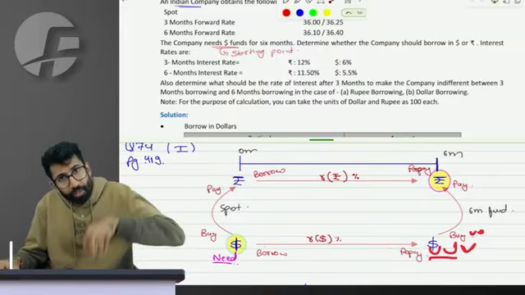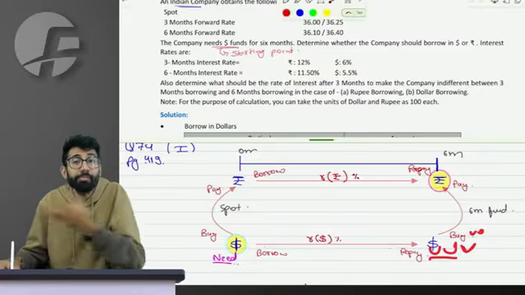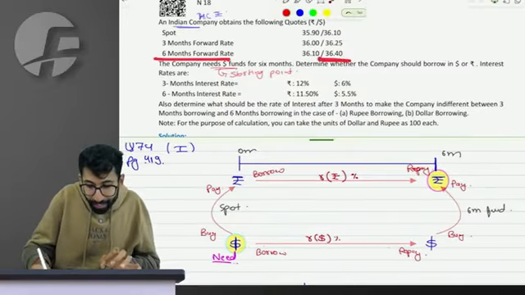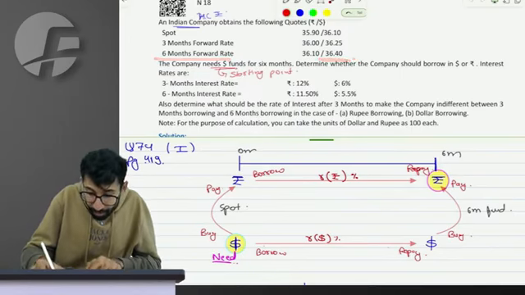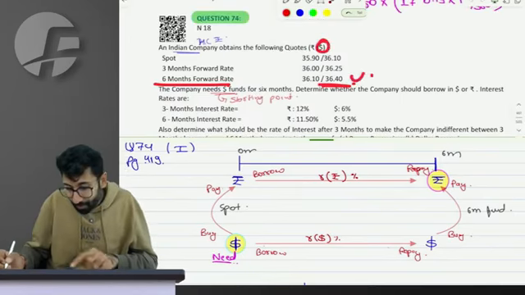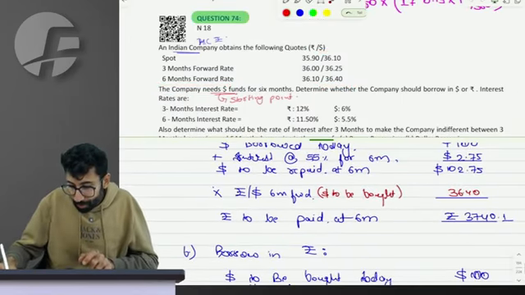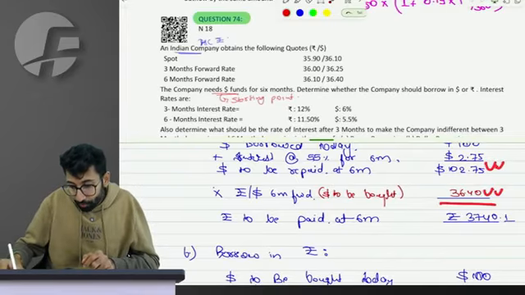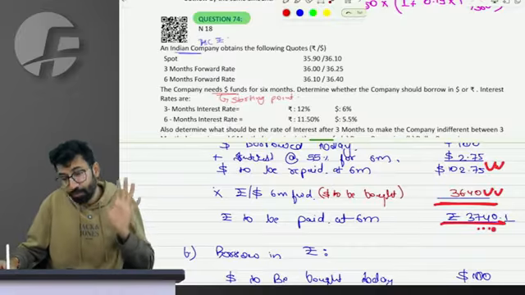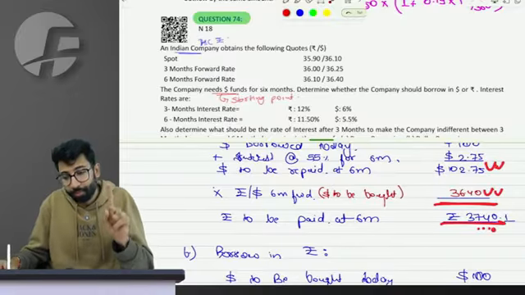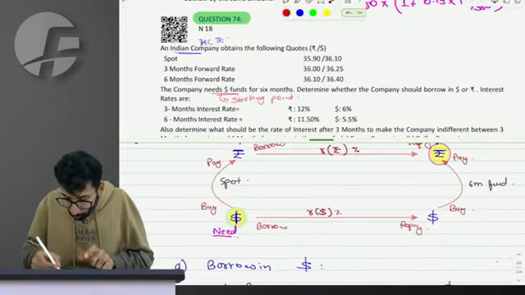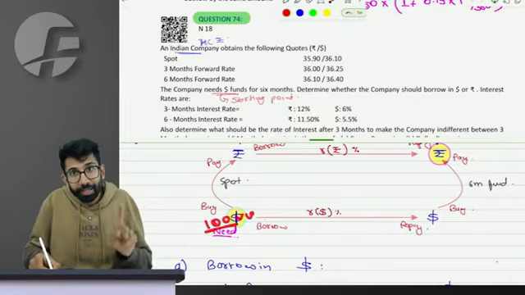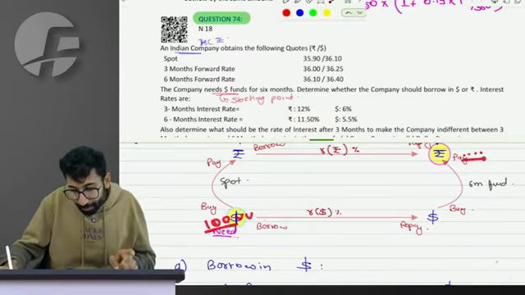Sir, I already don't have it, I need it so that I can repay, so you will have to buy dollar. I went to the market 6 months forward. When I buy dollar, the other party sells, and 36.4 becomes the rate. So at this rate, when I buy $102.75 from my pocket, ultimately how much will go out? 3740.1, which means to get $100 here, I can, but against which the repayment here will be 3740.1.